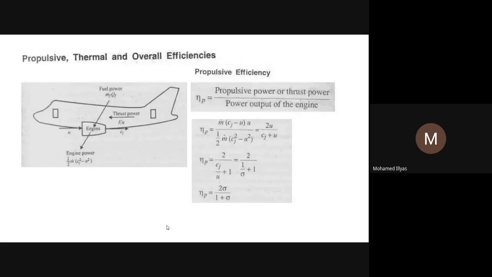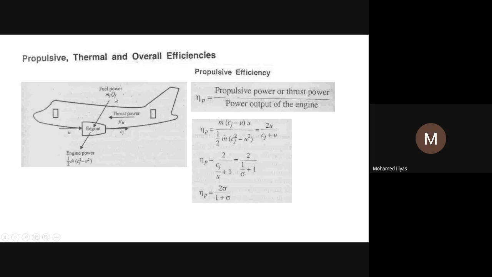Next, we have some performance parameters. In terms of efficiencies, we are going to obtain the relations. There are three types of efficiencies: propulsive efficiency, thermal efficiency, and overall efficiency. So this is our gas turbine engine. We are going to give heat input. What is the heat input?